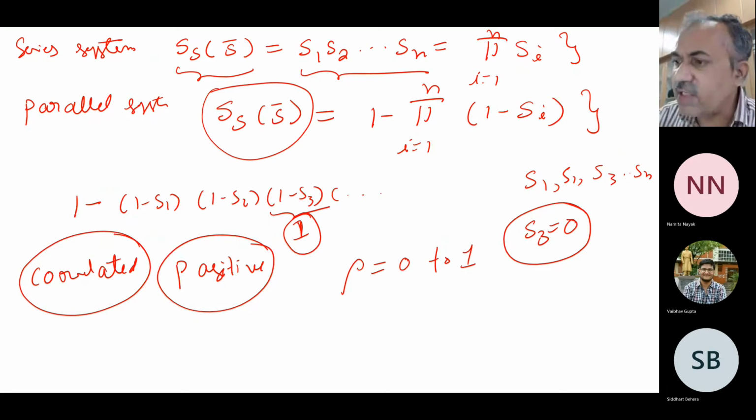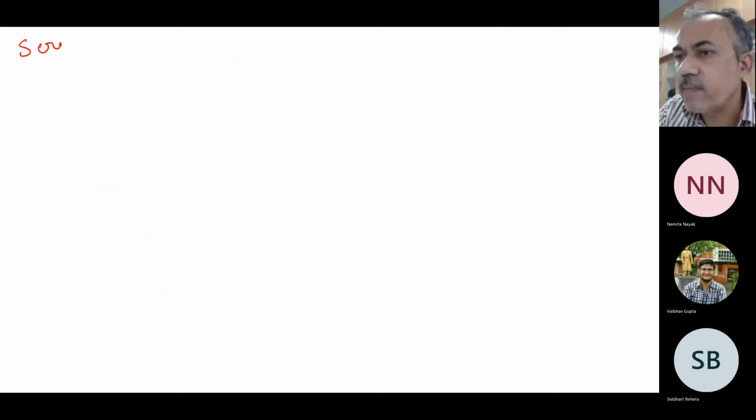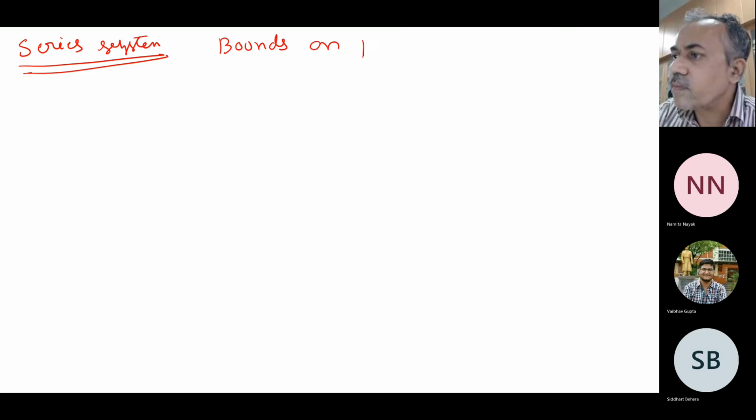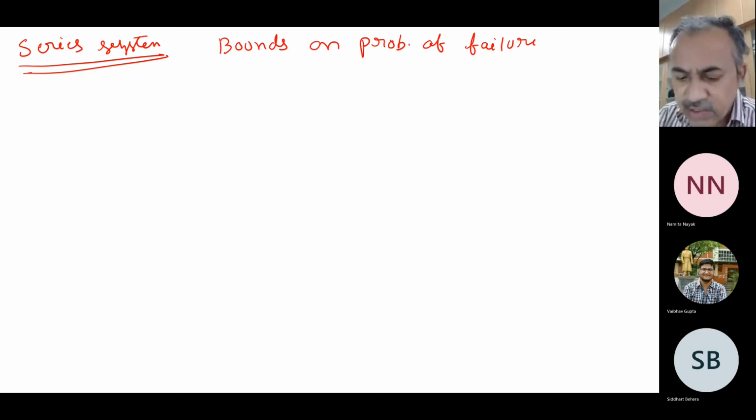So for a series system, the bounds on the probability of failure you can calculate analytically, using set theory.